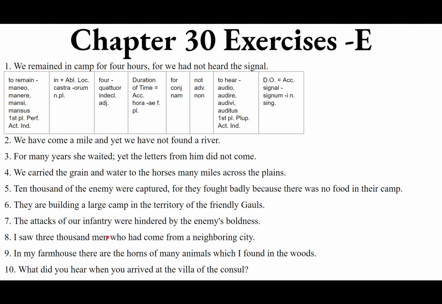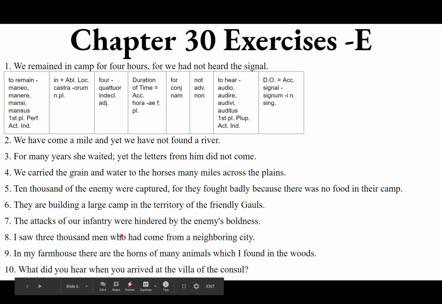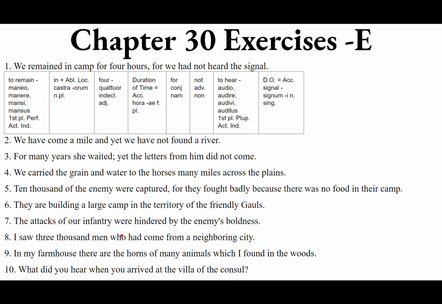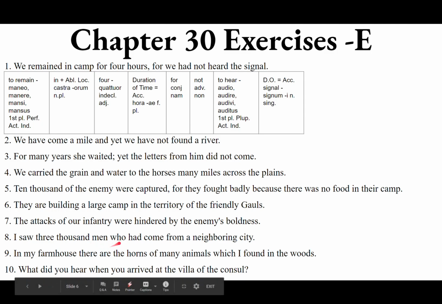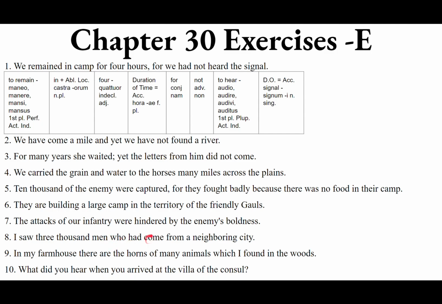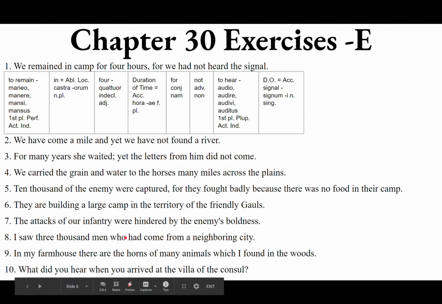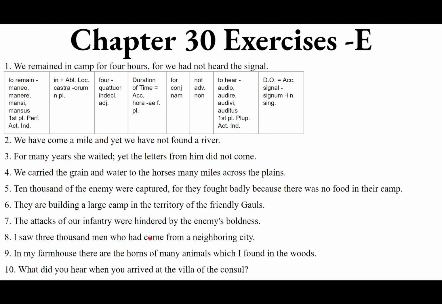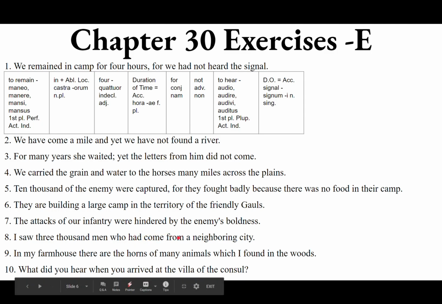And who are they? Well, they had come from a neighboring city. Relative pronoun who. The antecedent is going to be the men who had come from the neighboring city. So qui, nominative plural and masculine. It's got to be plural and masculine because the antecedent is the men. And qui, who, because it's the subject of the verb had come inside the clause. Qui, venio, venire, veni, ventus: qui venerant, third person plural, pluperfect active indicative, from a neighboring city.